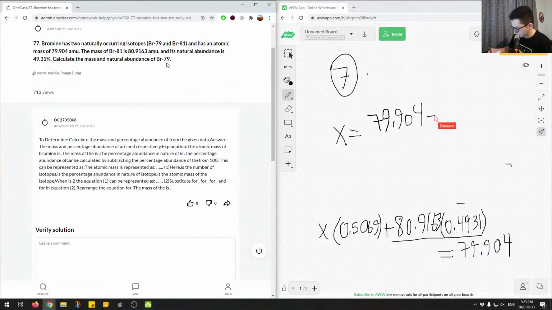I'll write a little smaller so we can fit everything on one page.